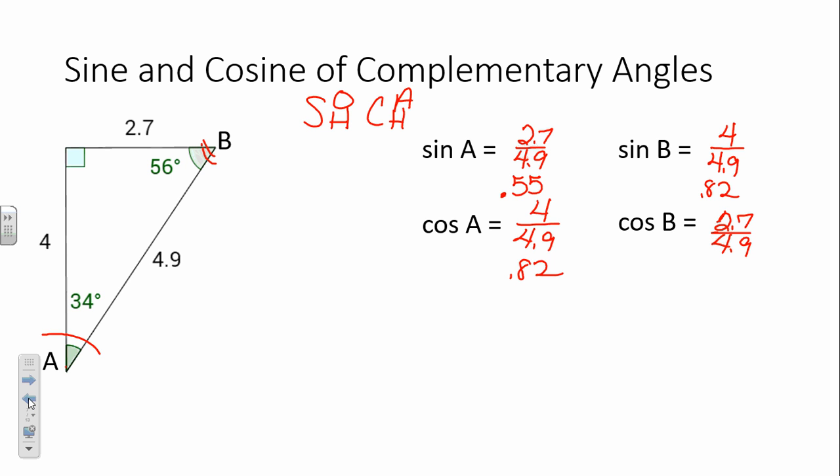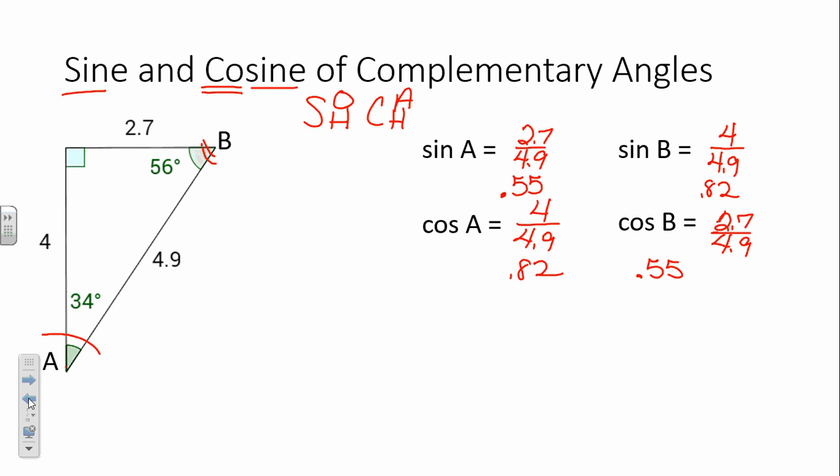I bet that's going to be 0.55 again. Absolutely. And that's what we mean by sine and cosine.